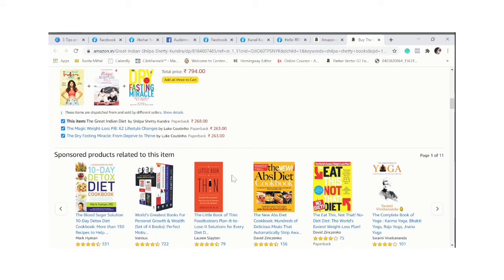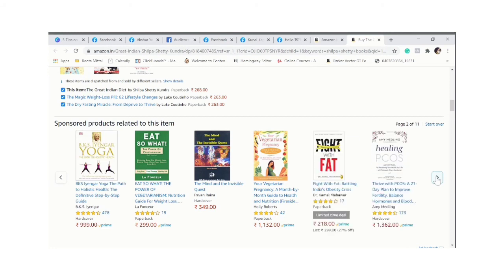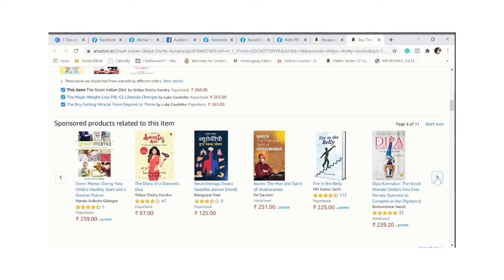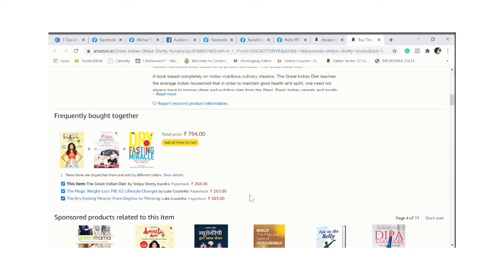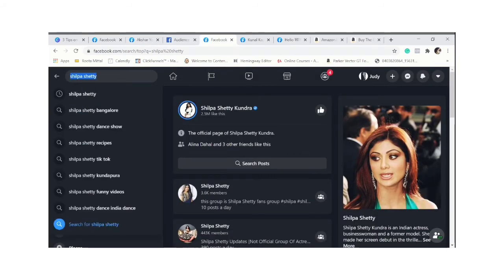Okay. Now, here we have Kamal. There is Deepa Karmakar. Let's check if she has a good follower list.